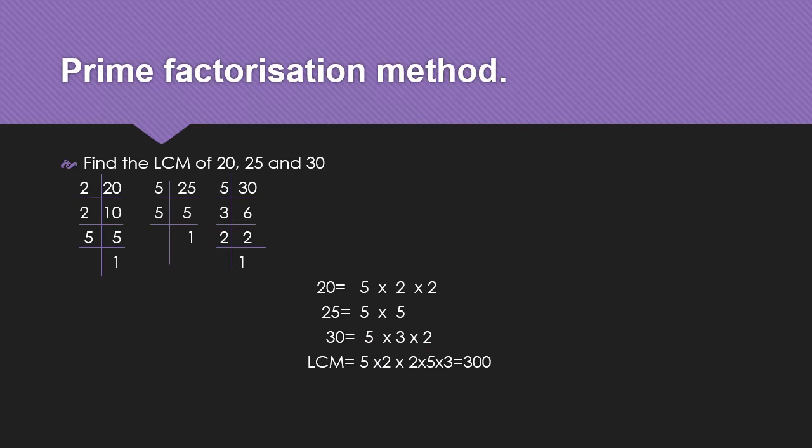Now circle the common factors from all the three numbers. Then circle the common factor from two numbers and circle all the single numbers also, remaining single numbers.